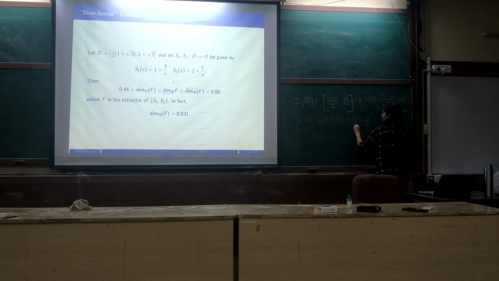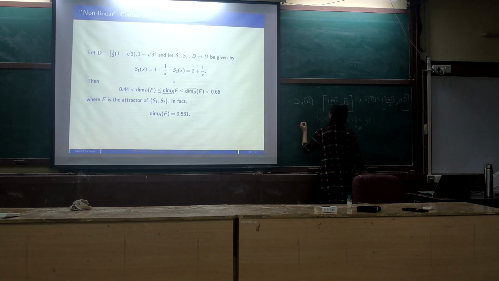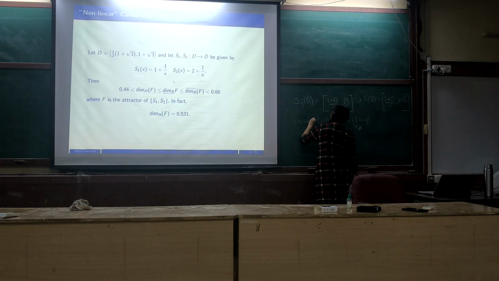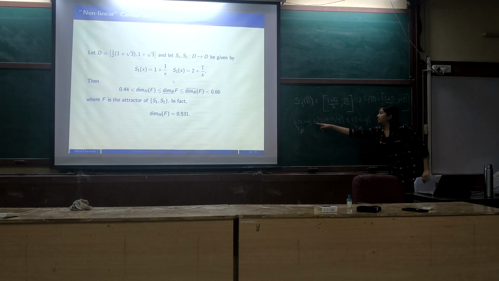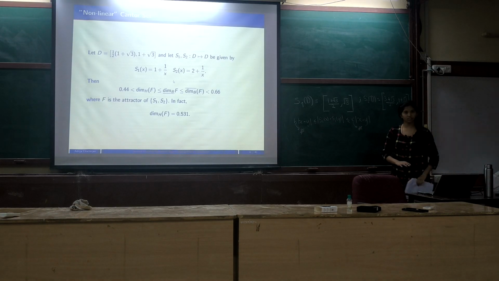So we need to find a C for that, and we also need to find a B which bounds it in the other direction. So B times x minus y is less than equal to this. So how do we find this B and C? Or like you can divide this entire thing by mod of x minus y, and then you will get something similar to mean value theorem.